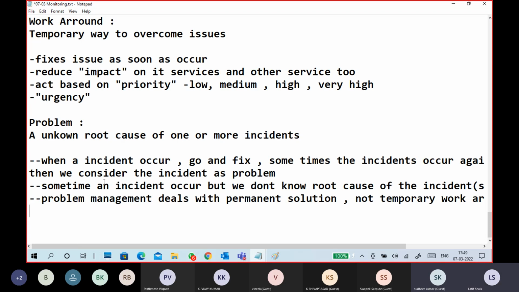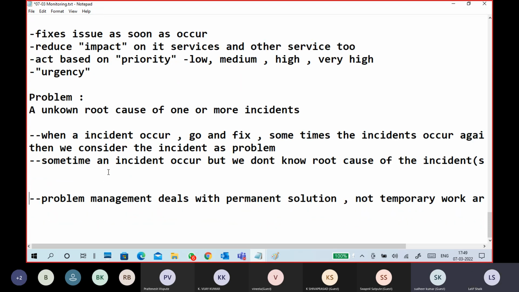Either it is one incident or multiple incidents, and we don't understand what is happening. Then also we have to consider it as incident management.